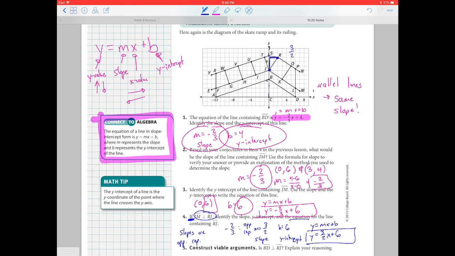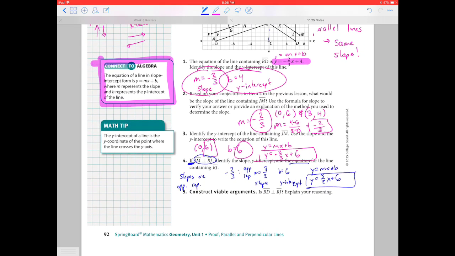So 3/2, which is exactly what we said it should be. So yes, since the slopes from the graph are opposite reciprocals.